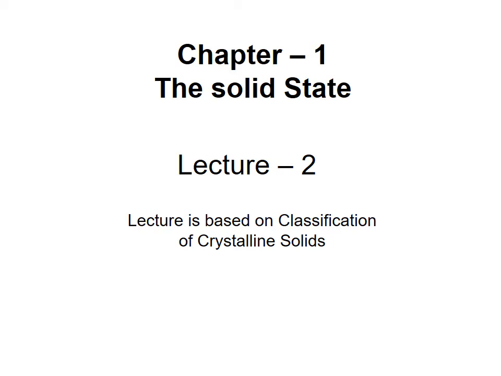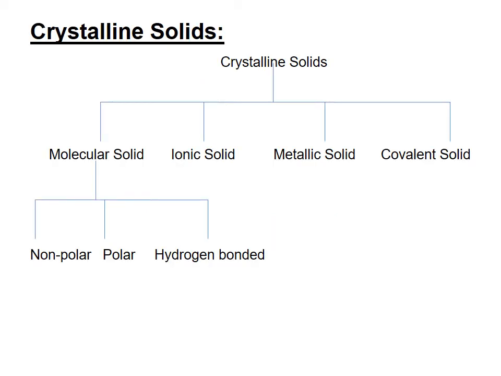Now let us study today in this lecture about the crystalline solids and its types, crystal lattice and unit cell. In our previous lecture, we have discussed what crystalline solids are.